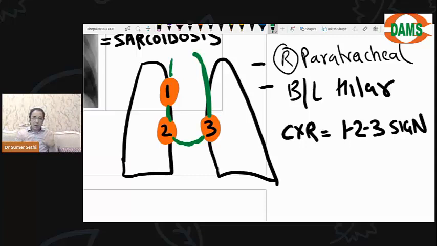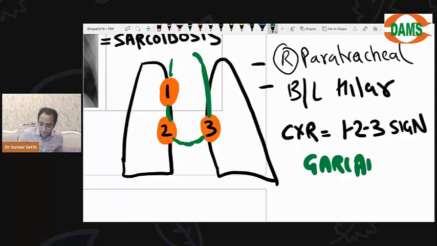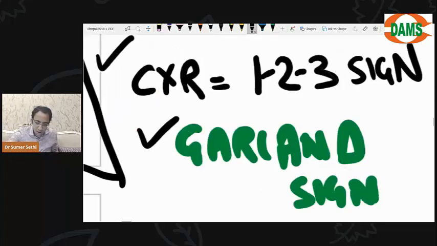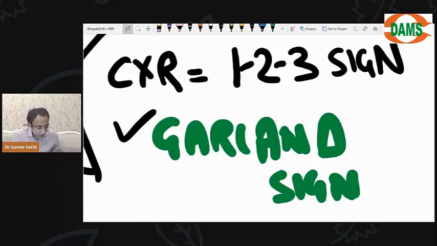So this is a garland of lymph nodes. So we call it the garland sign. Name 2 chest X-ray signs of sarcoidosis. 1, 2, 3 sign, garland sign. Okay, everybody clear? Very important.